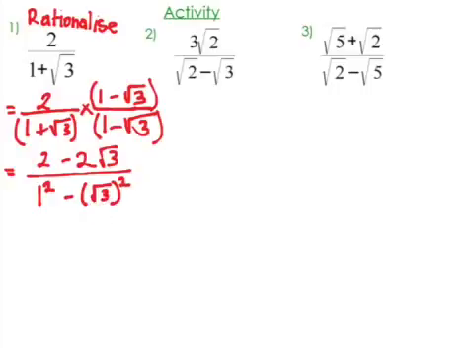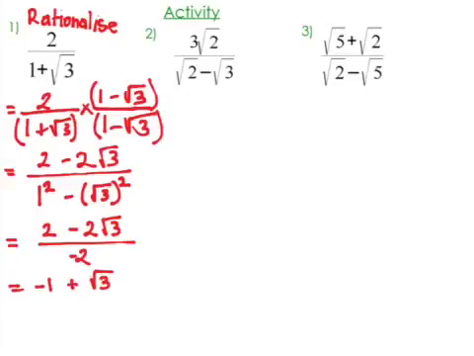And if we follow that expansion structure, then we can carry that out really quick, and we use this shortcut. And that gives you negative 1 plus root 3.